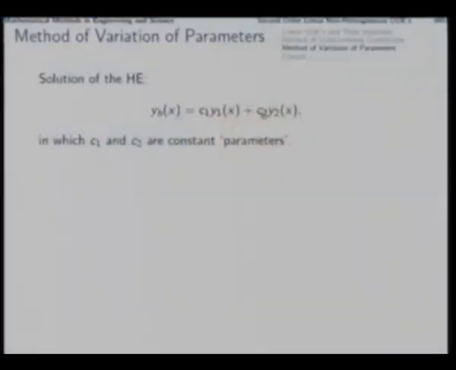So, what we try to think is, how about making these parameters variables, that is, functions of x? As we do that and replace C1 and C2 by two functions u1 of x and u2 of x, what we are doing is conducting a variation of parameters, and that is why this method is called variation of parameters.